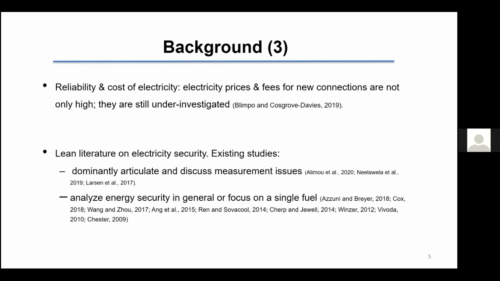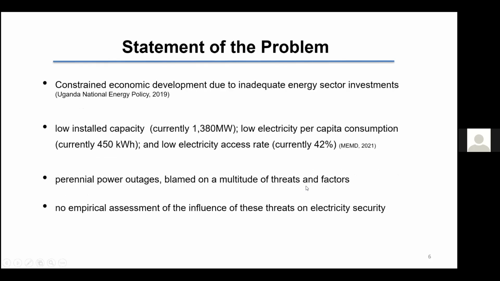And two, most studies that are done so far since the 1970s, where I started from, have largely focused on energy security, and energy security is quite broad. There is electricity and other issues beyond electricity, or they have used a single fuel, largely oil, which gave birth to this whole concept of energy security. And as we know, oil as a resource is still very predominantly traded across communities.